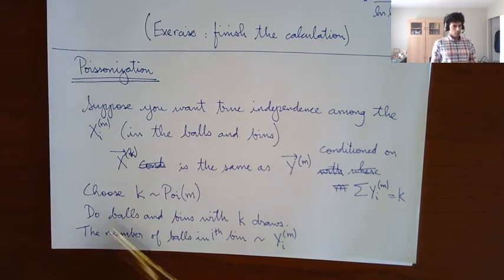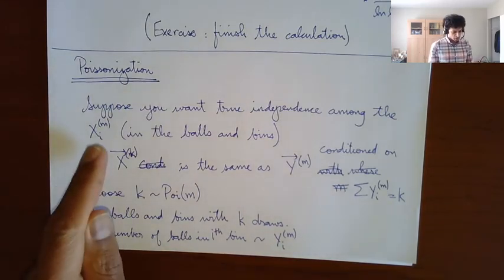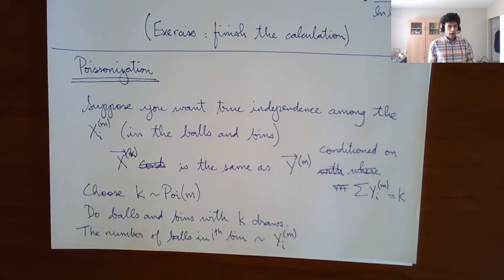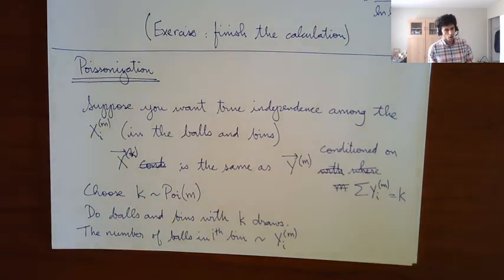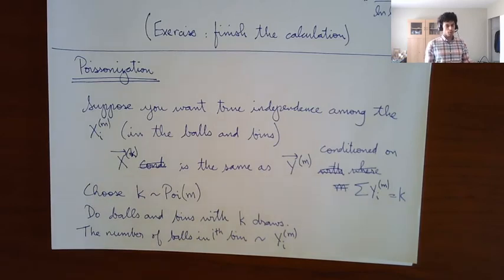So you want true independence amongst the number of balls that fall into each bin. So you actually choose how many balls to drop, or how many draws to make, from a Poisson distribution. You first decide how many balls to drop according to a Poisson distribution, and then you perform the balls and bins with that number.